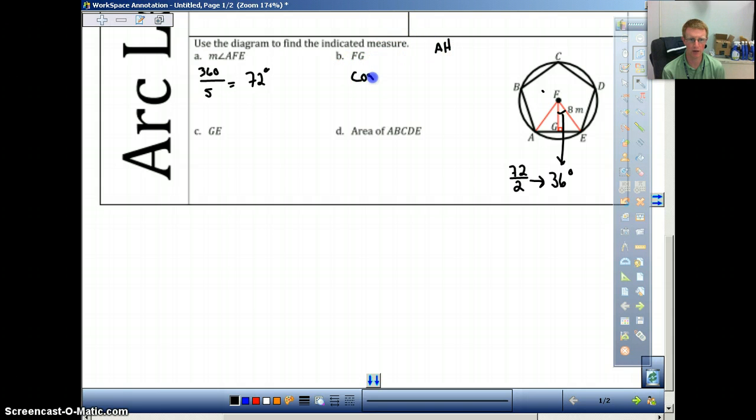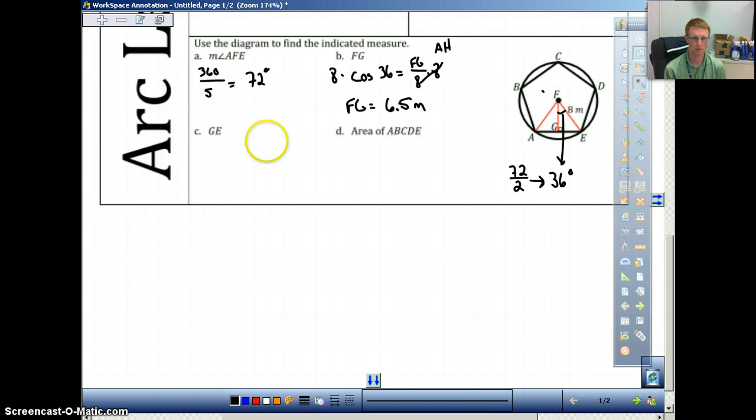So the cosine of 36 degrees equals FG, which is our missing side, over 8. Multiply 8 on both sides, put that into a calculator, and we get that FG is equal to approximately 6.5 meters. So that's the second part. So now we know that FG is 6.5.